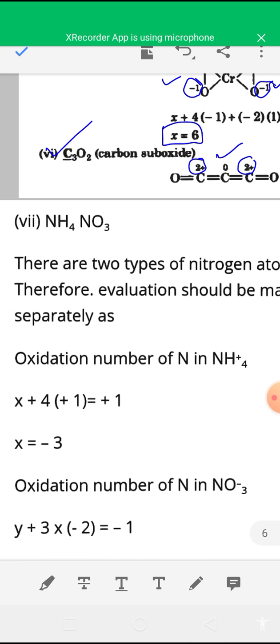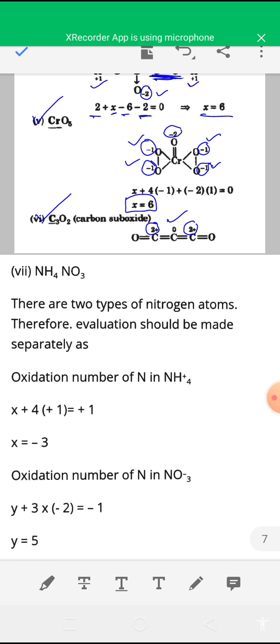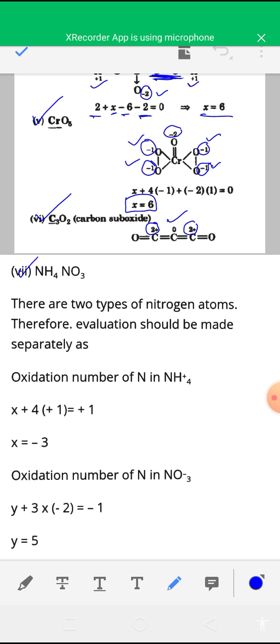Okay, now one more last example, the oxidation number of each nitrogen in NH4NO3. In NH4NO3, two types of nitrogen atoms are there. If you dissociate this compound, you will get NH4+ and NO3-. So you have to calculate the oxidation number of nitrogen in each ion.